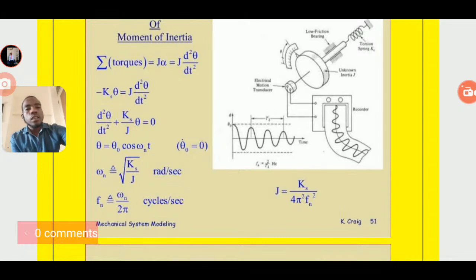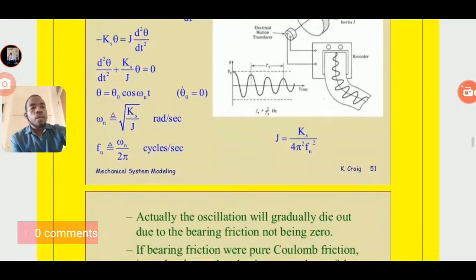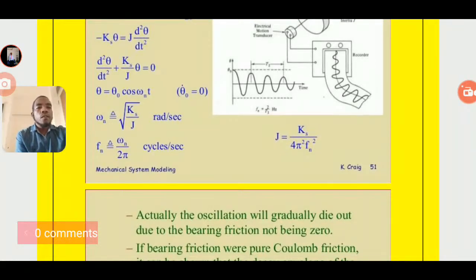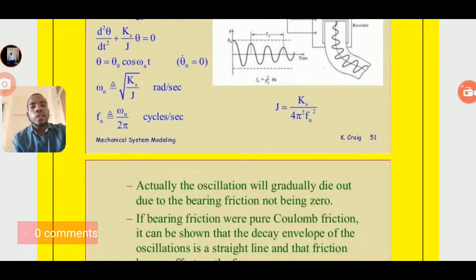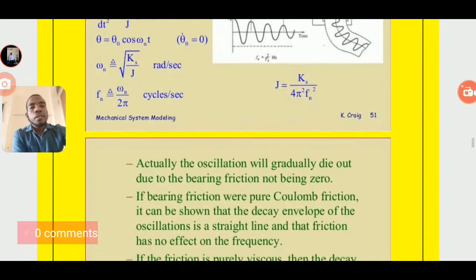So this is the diagram. So J is equal to ks over 4 pi squared fn squared, where fn is equal to omega n over 2 pi in cycles per second.